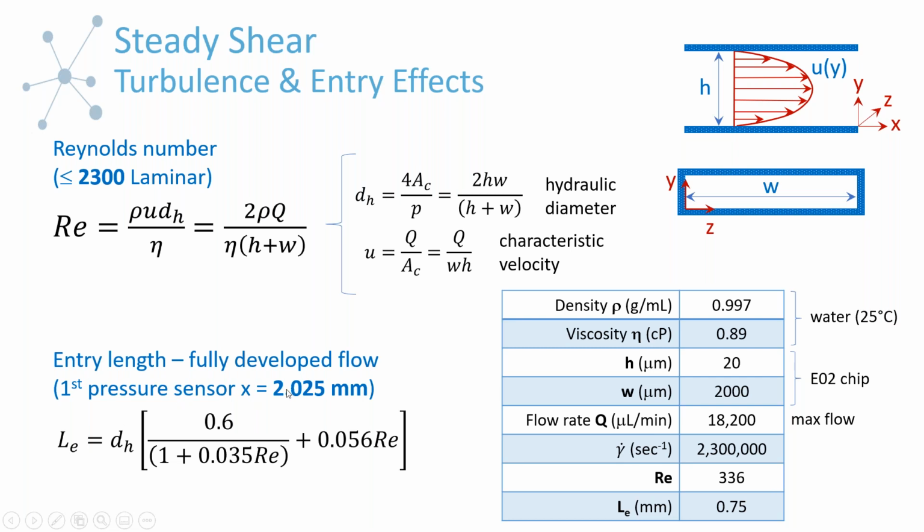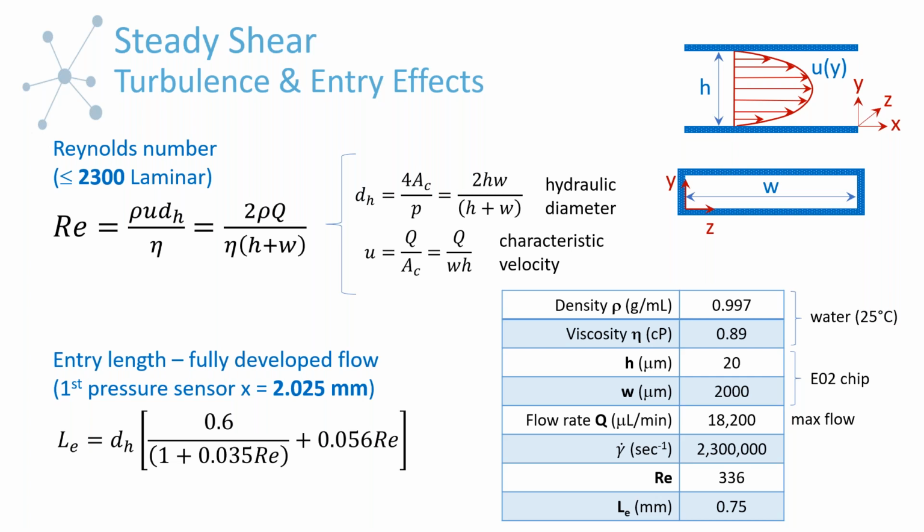And I've pointed out here that our first pressure sensor isn't positioned until slightly more than 2 millimeters past the entry. So in our case, for this particular material, at these high flow rates, we don't need to worry about any sort of correction for entry and exit effects.